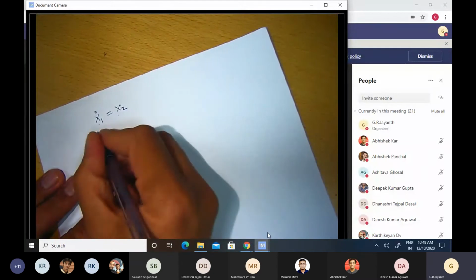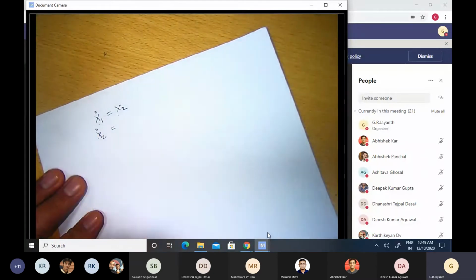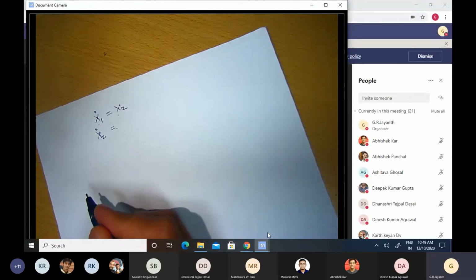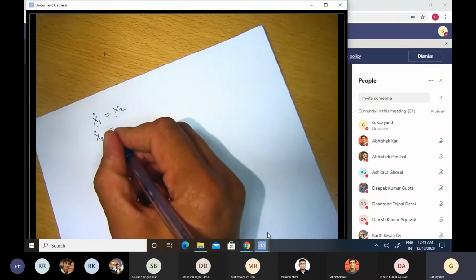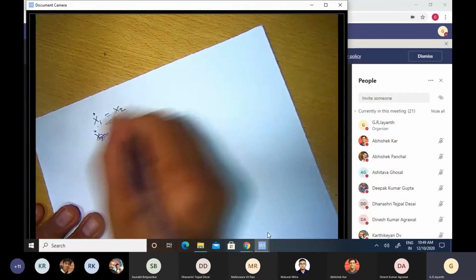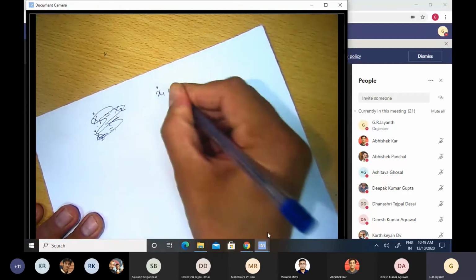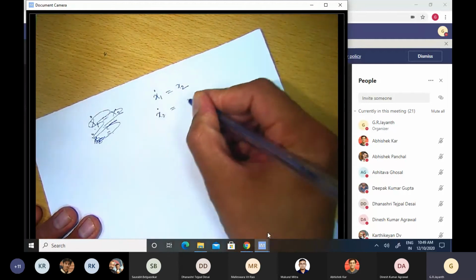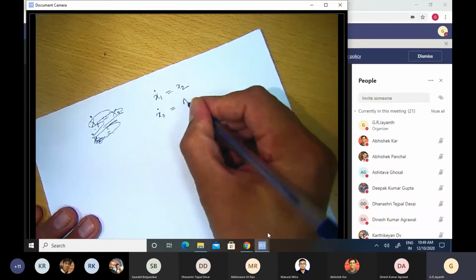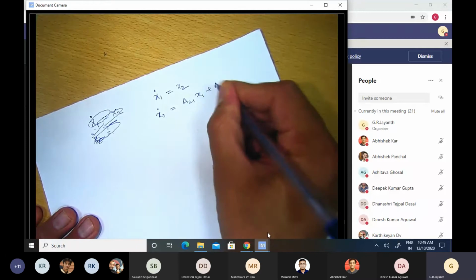Then x2 dot was the mass matrix inverse times something, some torque minus the Coriolis component and the gravity component and such other things. In general, when we linearize it about some equilibrium point, we can write it this way: small x1 dot is equal to small x2, and small x2 dot will be equal to some a21 x1 plus a22 x2.